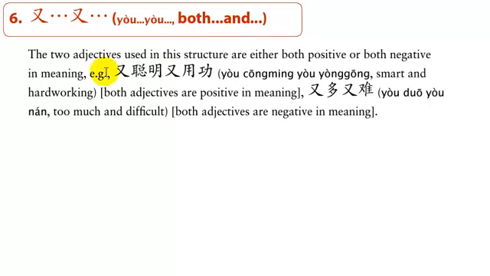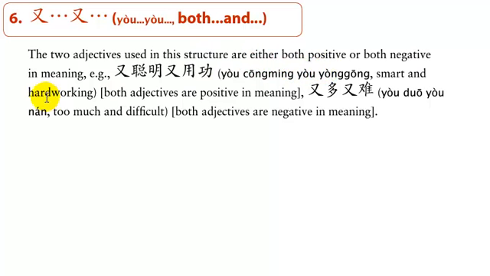For example, both spicy and delicious: 这个菜, this dish, 又辣又好吃. This dish is spicy and delicious. The two adjectives used in this structure are either both positive or both negative.